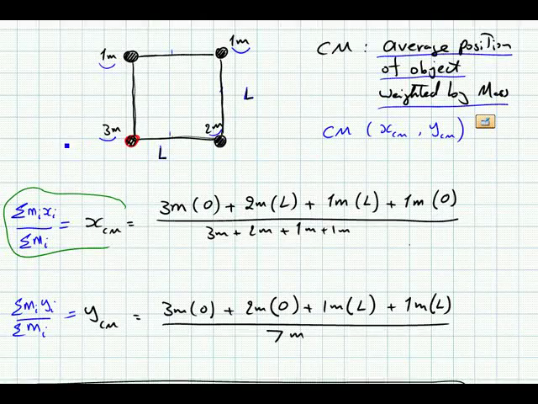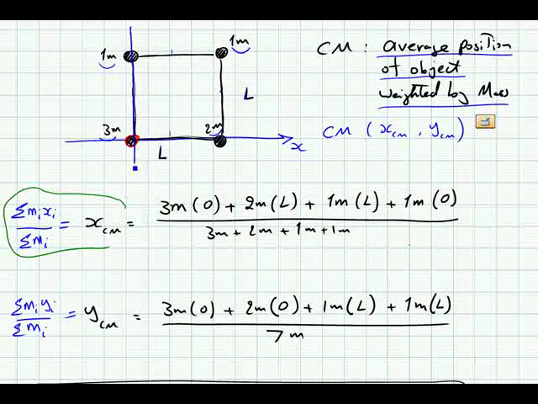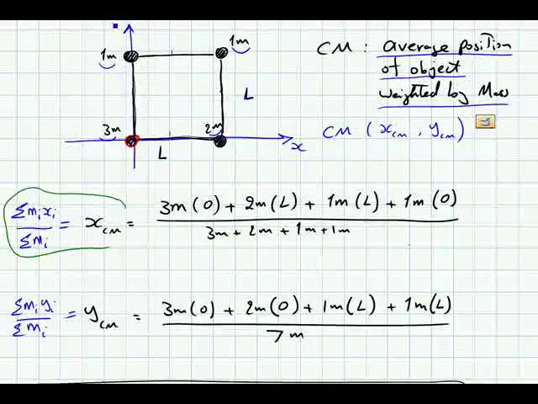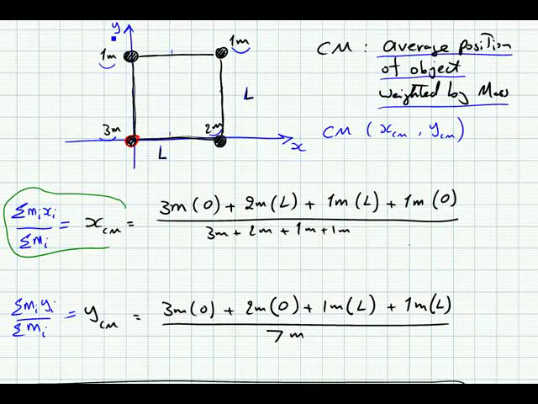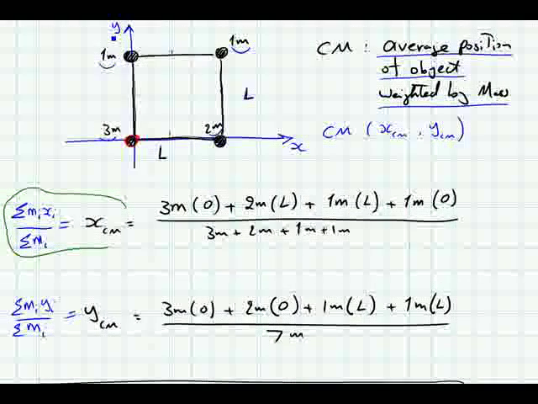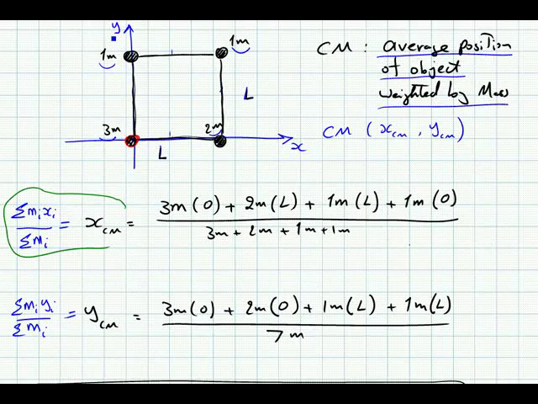A suitable xy coordinate system is one where you make sure that as many of these discrete objects as possible lie on one or the other coordinate axis. That will simplify your arithmetic. You don't have to go with that. You can draw your xy coordinates in any which way, in any position you like.